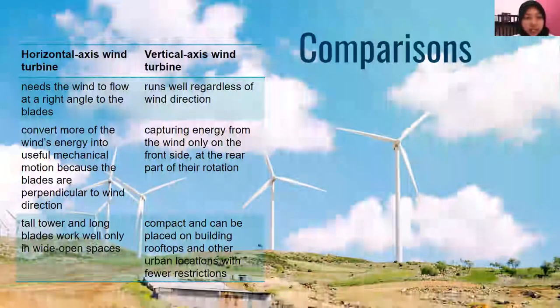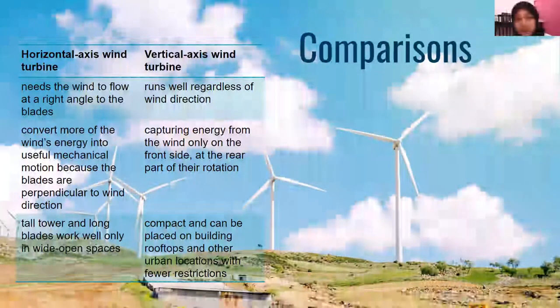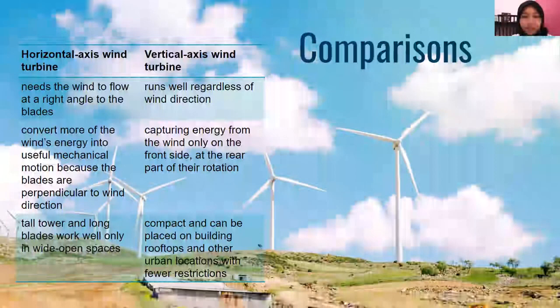And the last one is that tall towers and long blades work well only in wide open spaces. The vertical axis wind turbine runs well regardless of wind direction, capturing energy from the wind only on the front side and the rear part of their rotation. And the last one is that it is compact and can be placed on building rooftops and other urban locations with fewer restrictions.